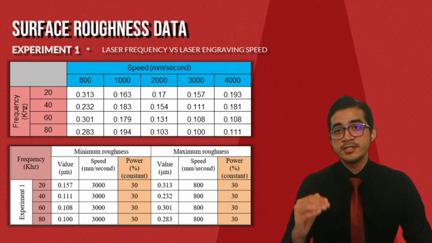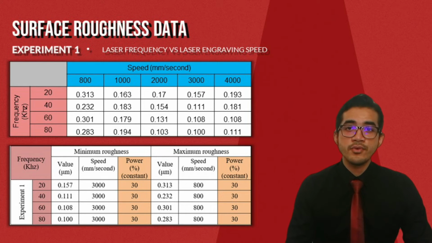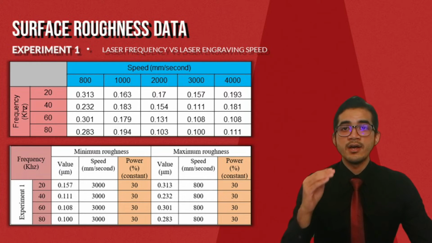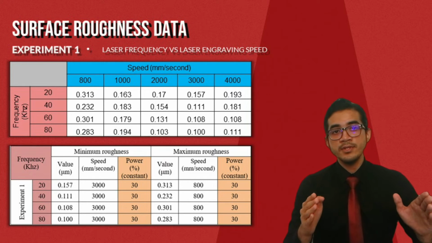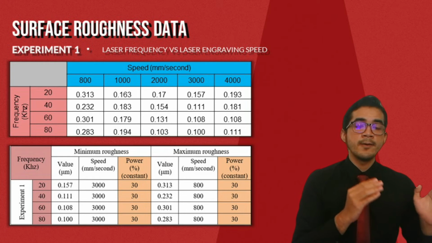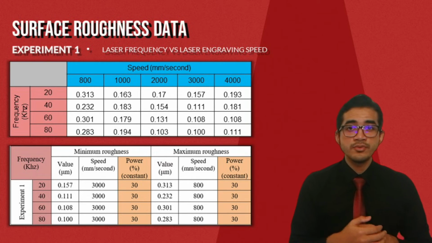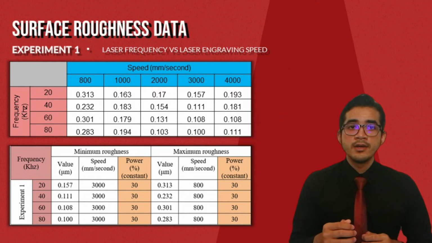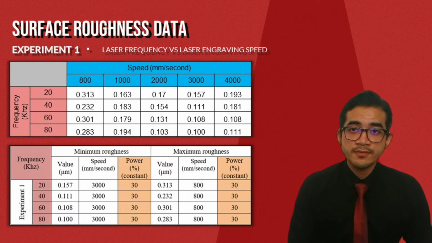On the blue side is the speed parameter that has been used, on the pink side is the frequency parameter used for experiment 1, and the white section is the averaged surface roughness value. From table 1, I made another table to compare the minimum and maximum roughness values to see which parameter corresponds to the value of the surface roughness data.